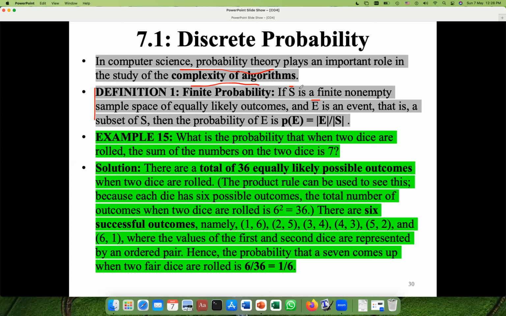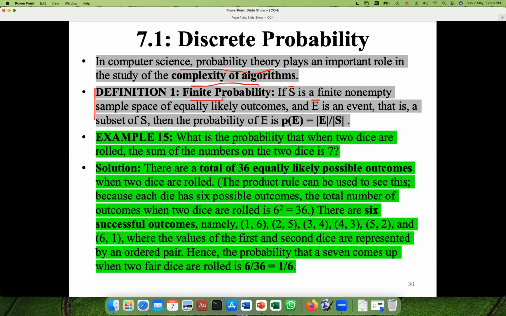So S is what? S is a finite, non-empty set. It will not be empty. It will contain some events, some outcomes. And all those outcomes or events should be equally likely. You will see this word again and again in the definition of probability. Equally likely.